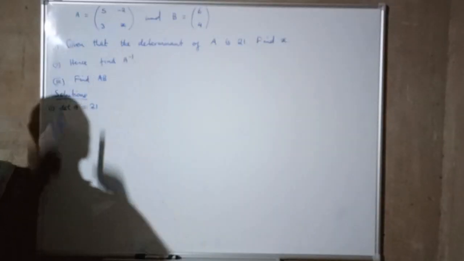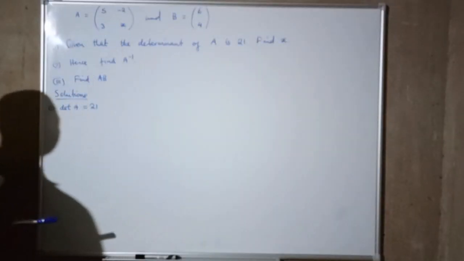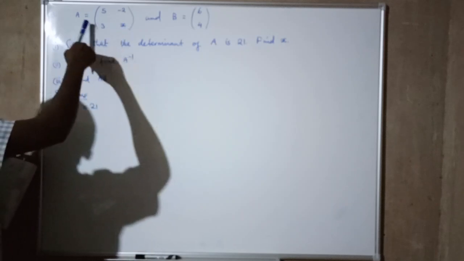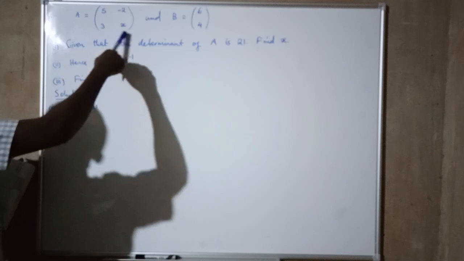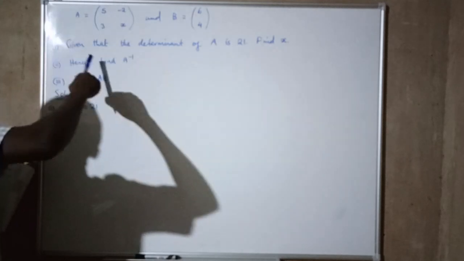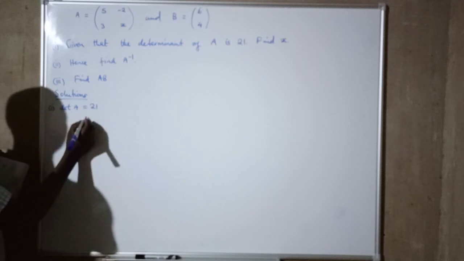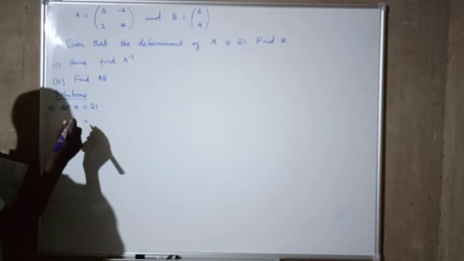But then they want us to find the value of x. So for us to find the value of x, we must first of all know what is the determinant in this one.